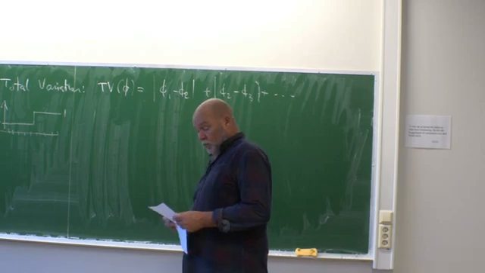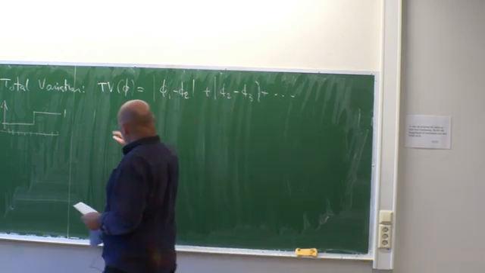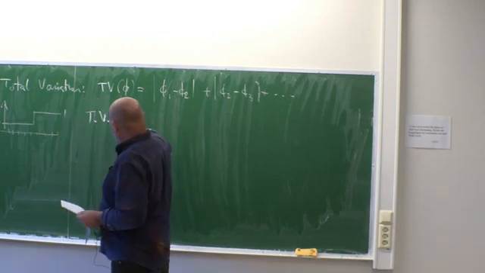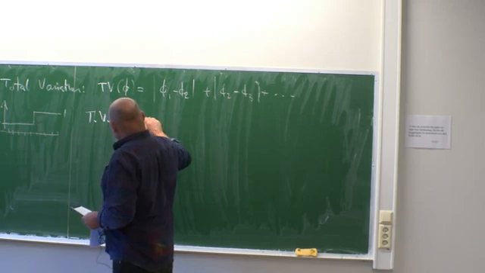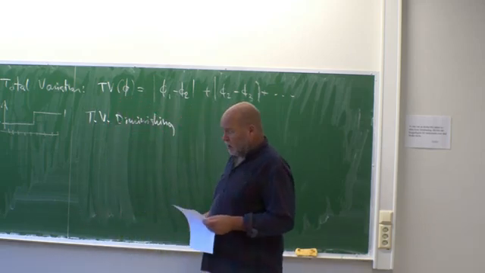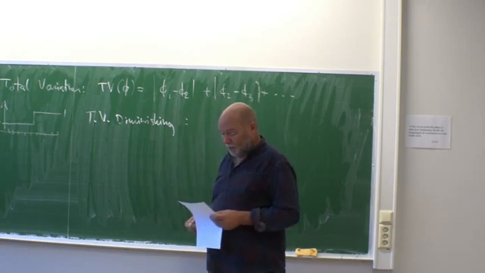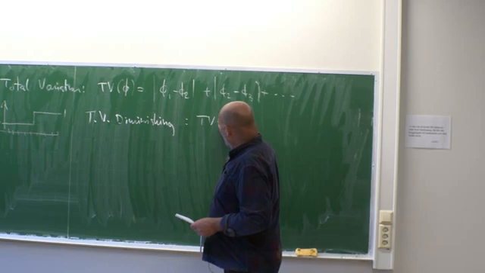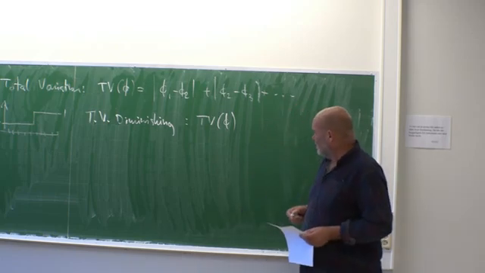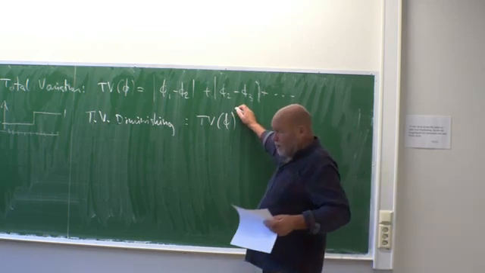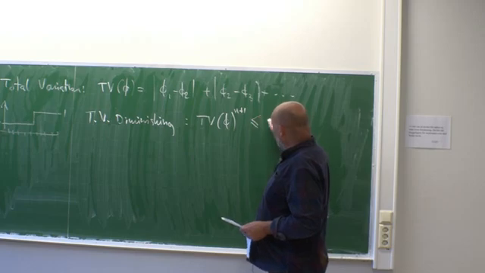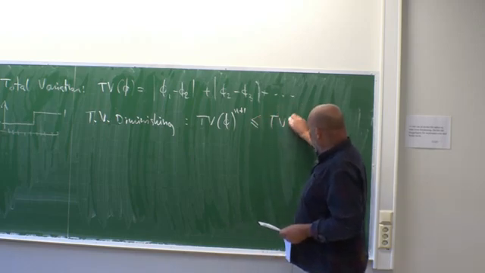And what we really want is a total variation diminishing scheme. I want to have the following property. My total variation of any variable, at iteration or time step level n plus 1, should be smaller or equal to the previous one.